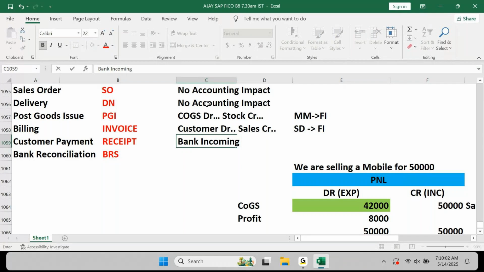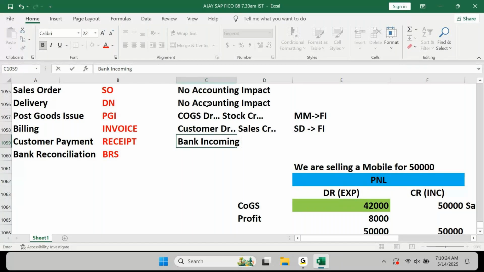Beyond 20,000, beyond a certain limit, you cannot do a cash transaction. Strictly, you have to do a bank transaction. So don't put cash. You will also receive cash, but only a limited amount, not a huge amount. Beyond a limit, you have to make the bank transaction only.